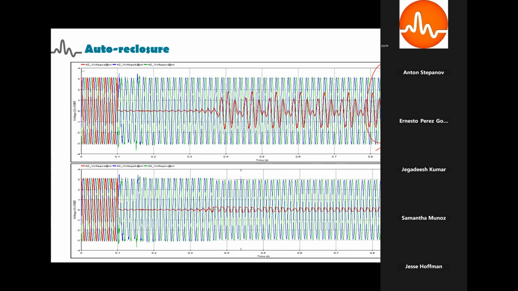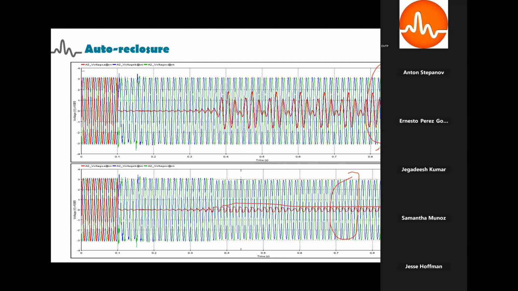Whereas when we reclose the circuit breaker in advance, before the extinction of the arc, like in figure 2 here, the arc will continue to persist and there will not be any recovery voltage and the fault will not be cleared. So finally, we need to go for complete isolation by opening all three phases, which will lead to stability issues.